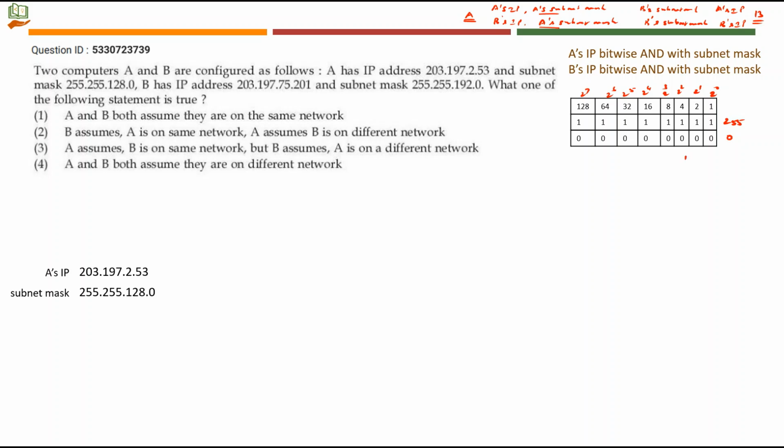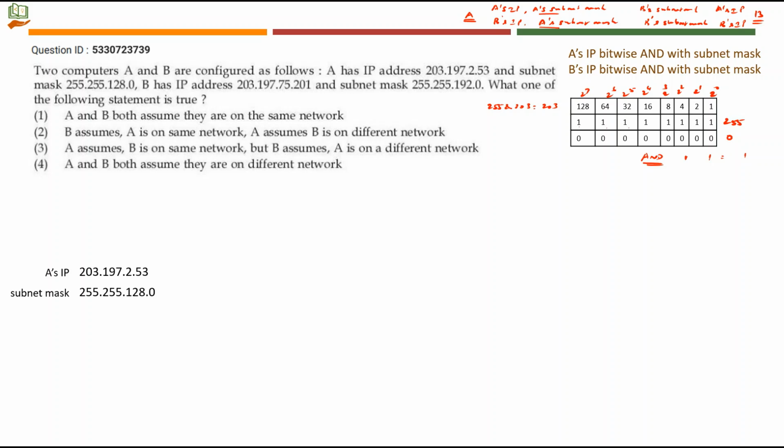What will the AND operation do? Whenever both the inputs are 1, the output will be 1. This is the case of the AND operation. So when you do AND operation between 255 and 203, the result will be 203 again. 128 plus 64 is 192. 192 plus 8 is 200. 200 plus 3 is 203.